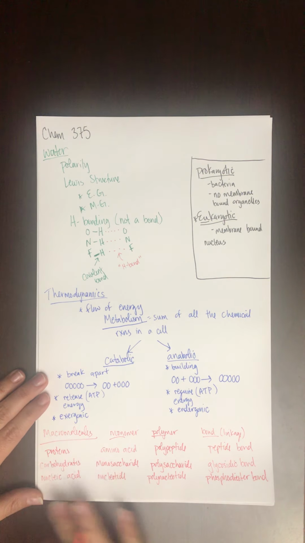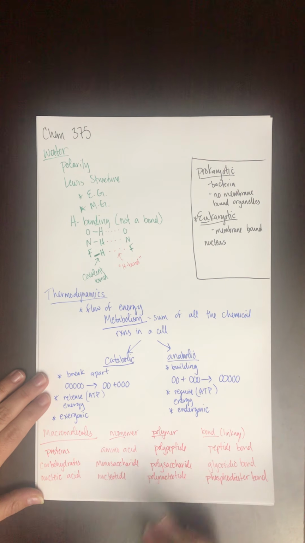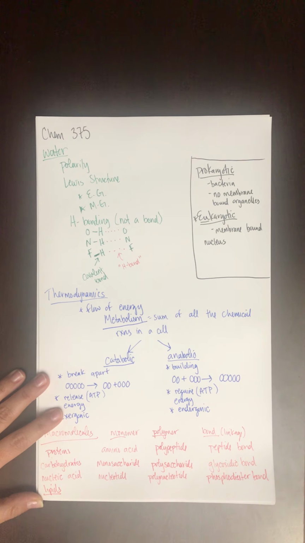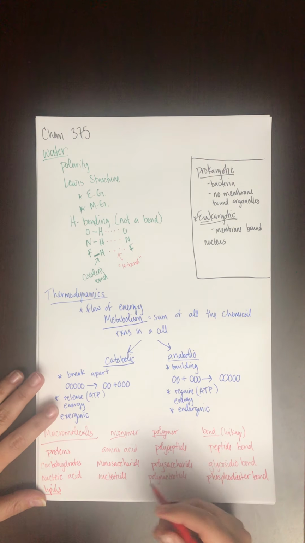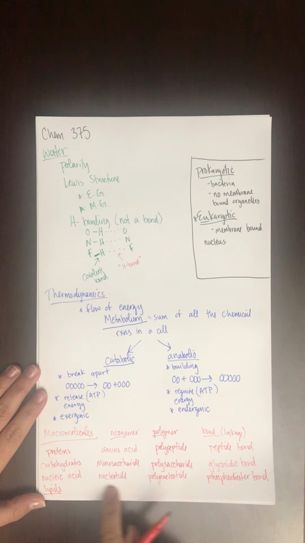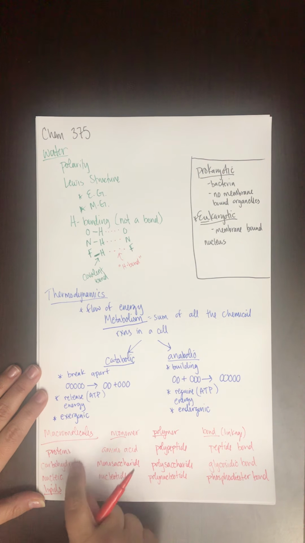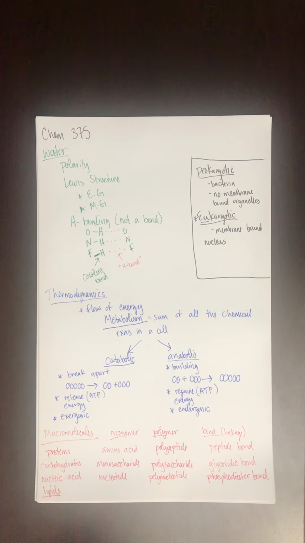And then the last, which doesn't really fit this table very well because it doesn't form a polymer, are lipids. Lipids are fats. And there's lots of different monomer pieces of lipids, and it doesn't really form the same polymer every time like it does with proteins, carbohydrates, and nucleic acids.